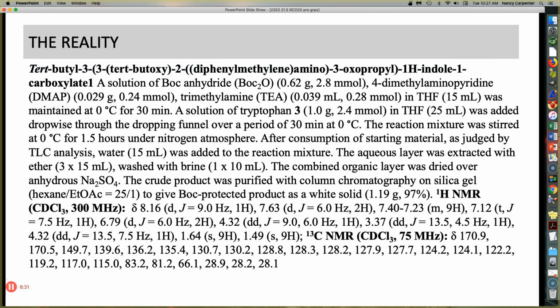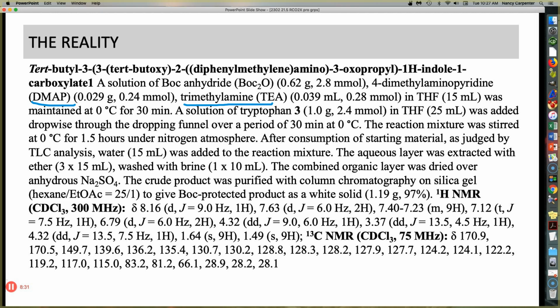Alright, so things to point out. Here is my reagent. Here is the tryptophan derivative, the dinitrogen thing that we were looking at, that they're adding it to. But also note that there's all kinds of other things in here. They have another base. They actually have two additional bases.